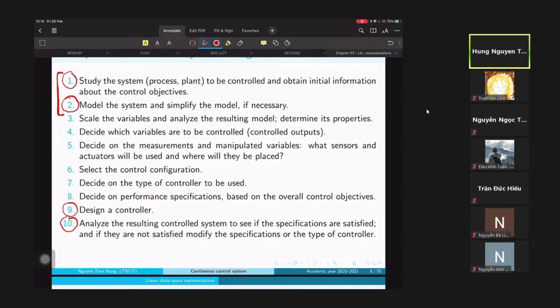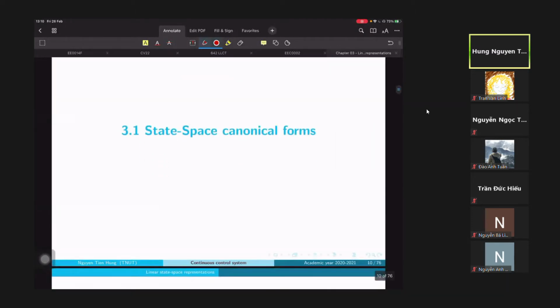This is the state space canonical form, like a standard form. For some reasons, we need to transform the models into canonical forms. It's easier to study the system, and it is also easier to find the solution of the problem.